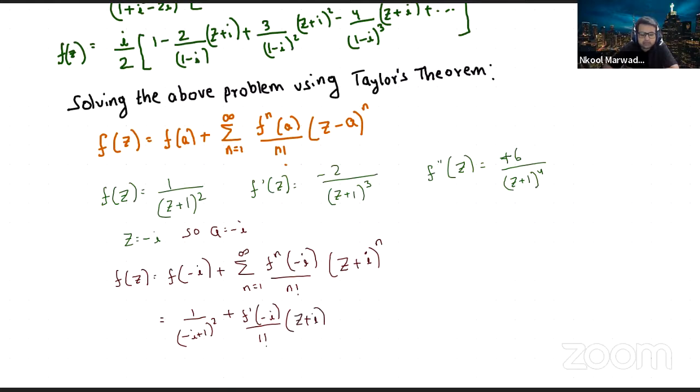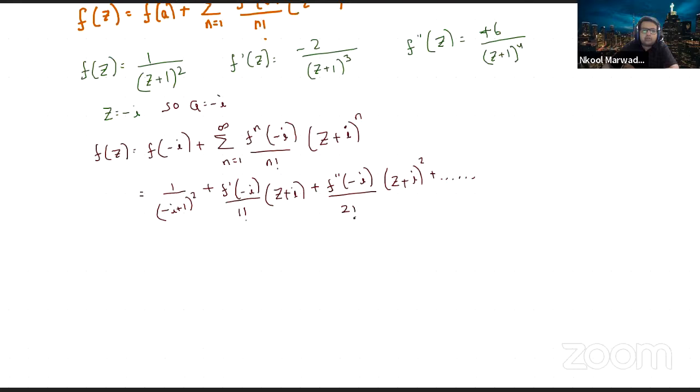Then we have plus f double dash of minus i upon 2 factorial into (z plus i) to the power of 2, and so on. Taylor's formula we have applied and we got this. Now we can do proper substitutions to get some answer.